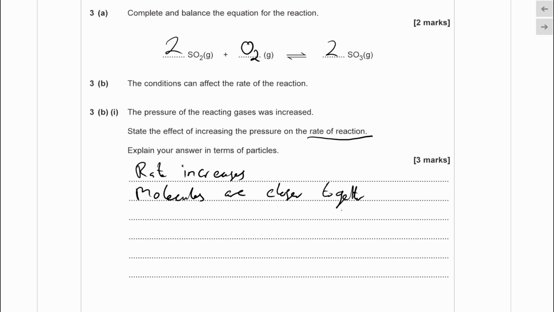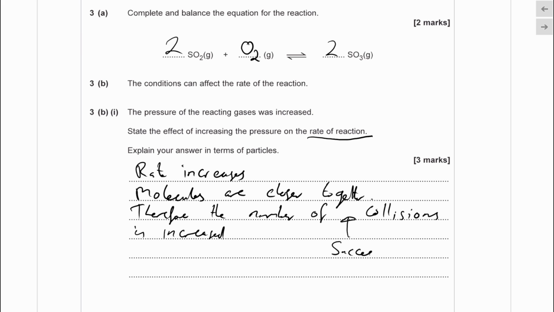And so, well, that's basically a mark. But I'm going to say, therefore, the number of collisions between the molecules is increased. Now if I want to be really picky, I would say the number of successful collisions.